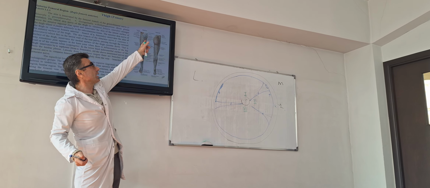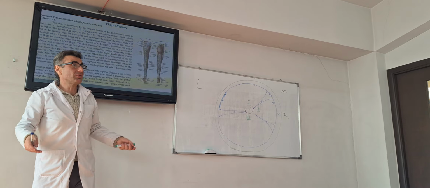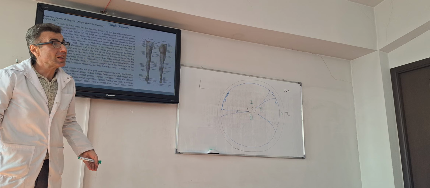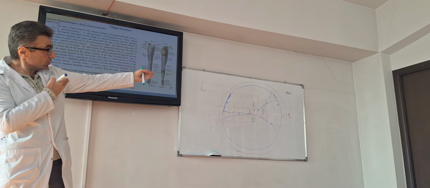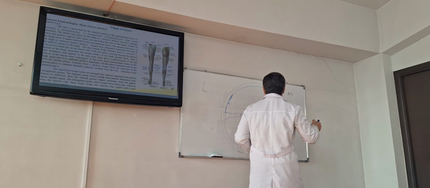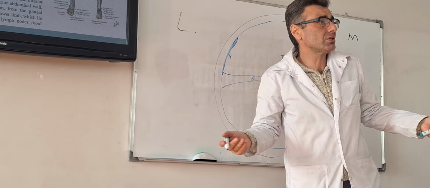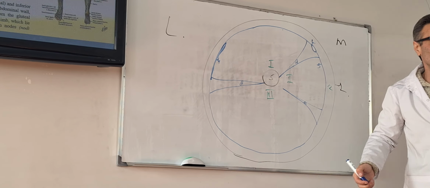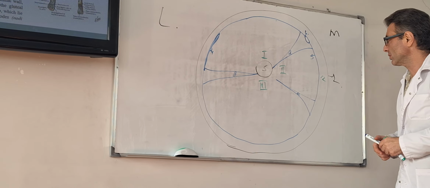Here is your triangle, and you can see that it's perforated. Last time we discussed together that this aperture we call the hiatus saphenous, and that is the superficial ring of your femoral channel. We draw it. So you can put here the number 6, and you can call it hiatus saphenous or superficial ring of the femoral channel. Call it how you want. It doesn't matter.